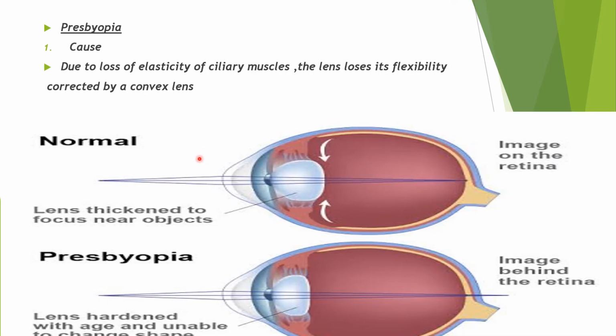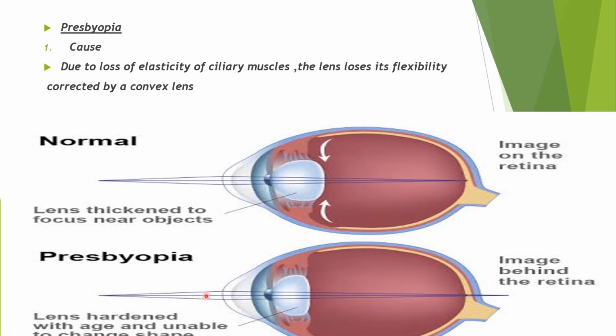The next eye defect is presbyopia. Presbyopia is a kind of long-sightedness observed in people after they attain an age of 40 years. And this is due to the loss of elasticity of the ciliary muscles. So when the ciliary muscles lose their elasticity, the lens loses its flexibility.